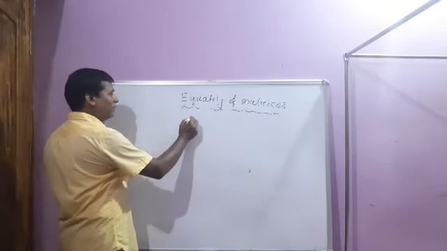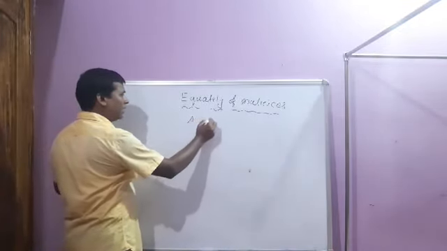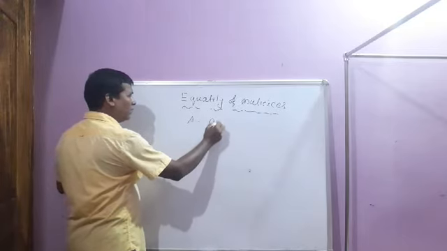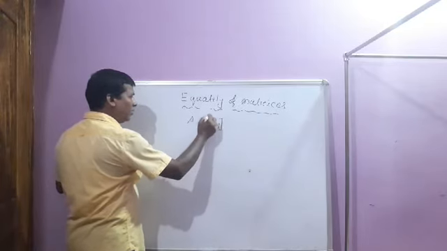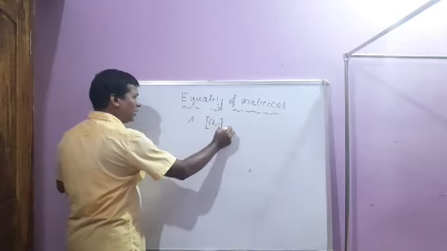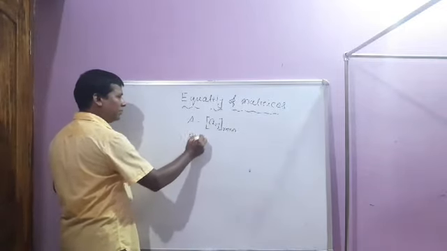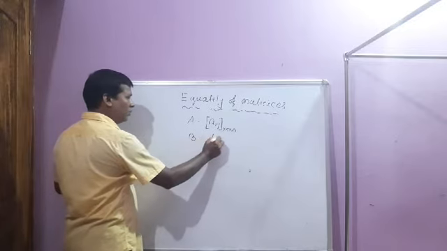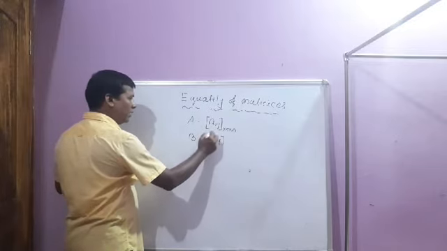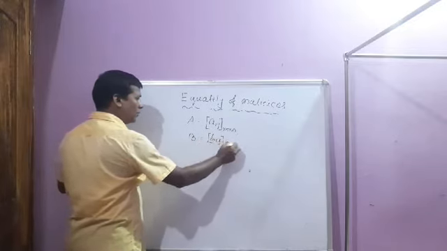Suppose matrix A is equal to Aij of m cross n order, and matrix B is equal to Bij of m cross n order.